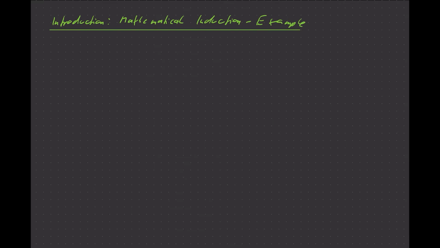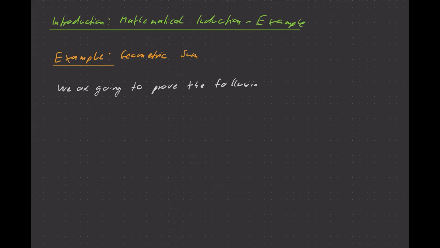So the example that we are going to use is a formula that is called the geometric sum. And this formula is the following. So we are going to prove the following formula.